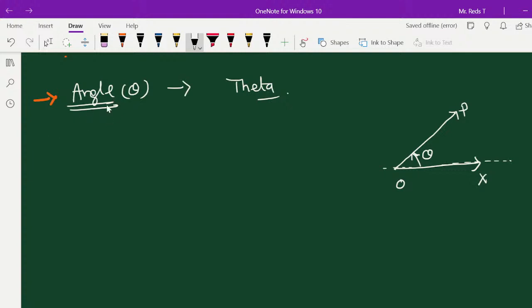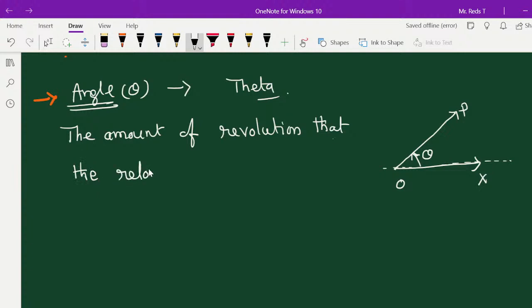The angle is defined as the amount of revolution that the revolving line makes with its initial position. Here, the revolving line is OP.